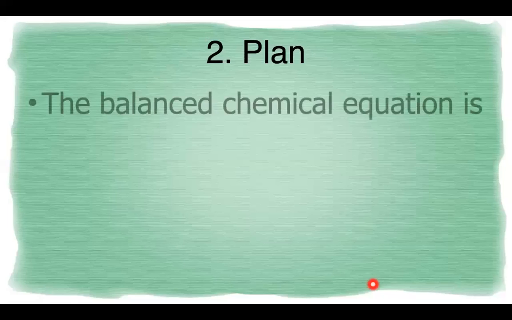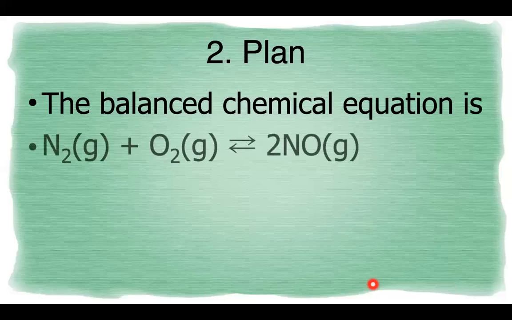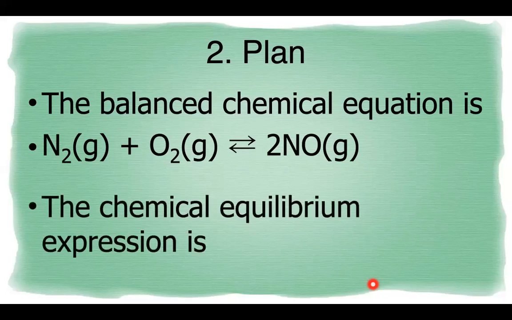So our plan is to write a balanced chemical equation first. We've got N2 plus O2 yields 2NO, and it's reversible. Then from this, we write our chemical equilibrium expression. So we get K is equal to NO squared over N2 times O2.